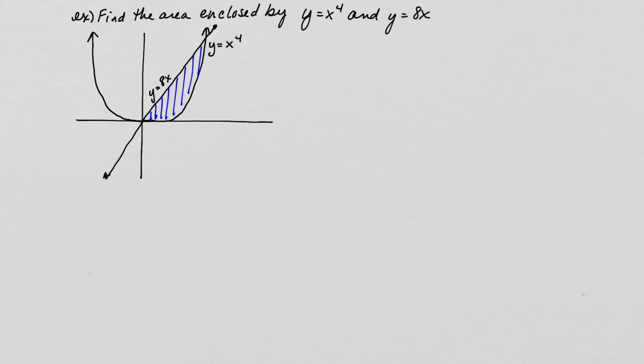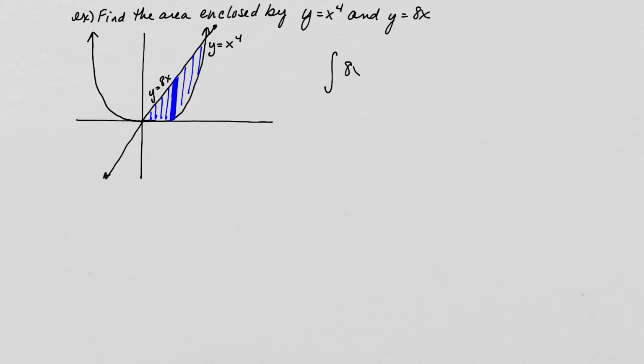Okay, a couple things we're going to need to do. When I do these problems, I like to think about drawing in a little slice of the area, and I use that little slice to help me figure out what's my top function and what's my bottom function. So in this case, what's the top function? Yes, the 8x.